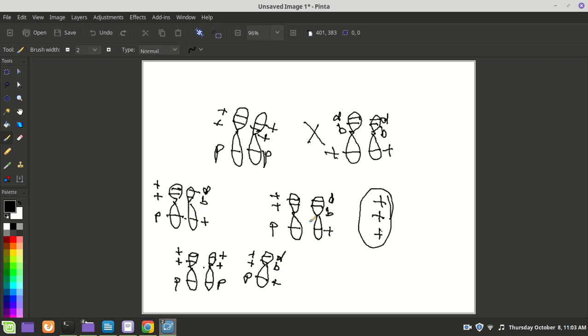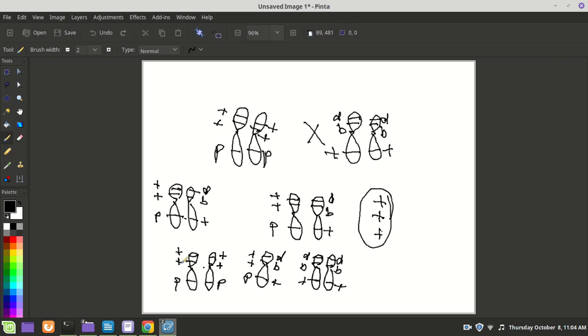So they're the same. The only combination are these two, right? Well, you could get two of the, sorry, I left one out. You could get two of this type. The D, B, D, B plus, plus.